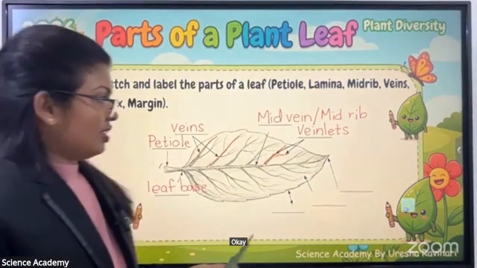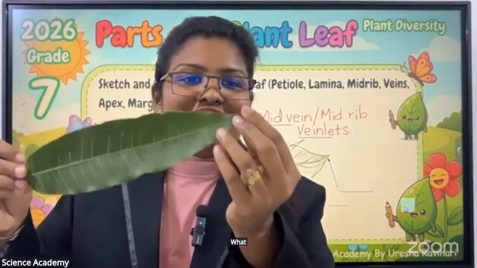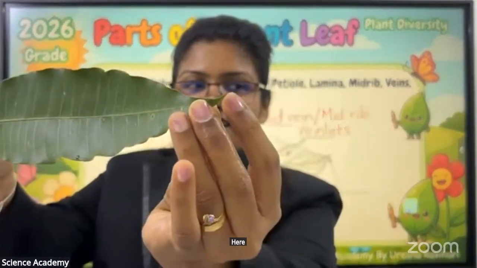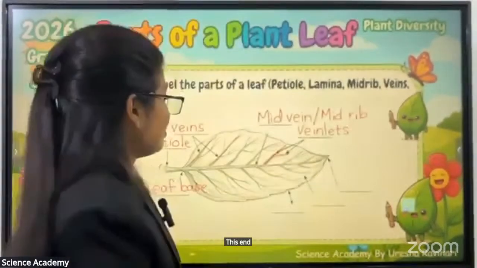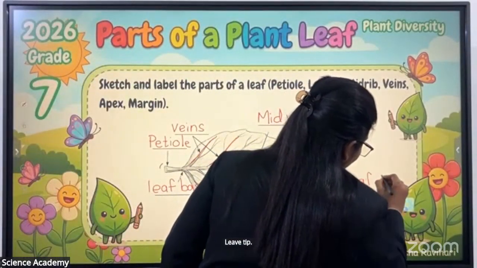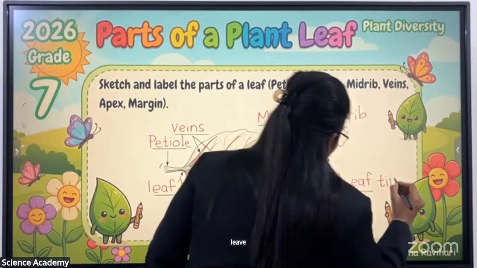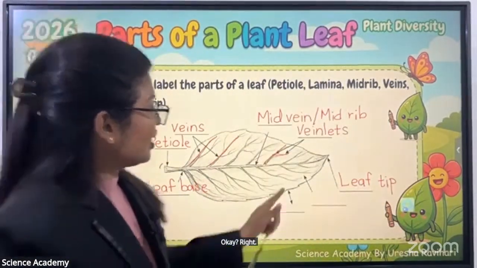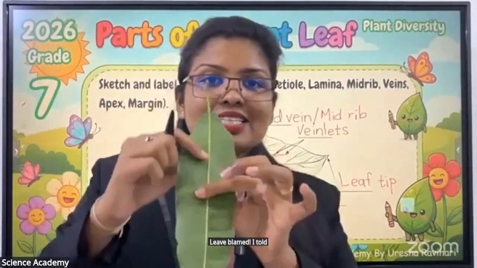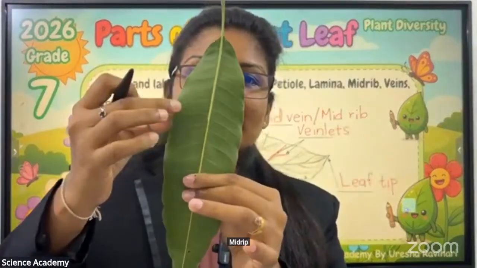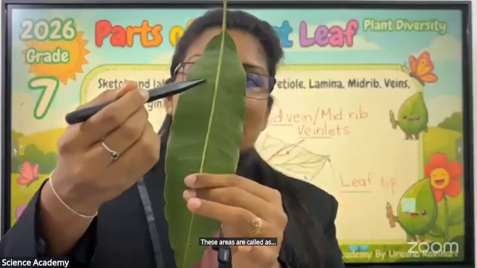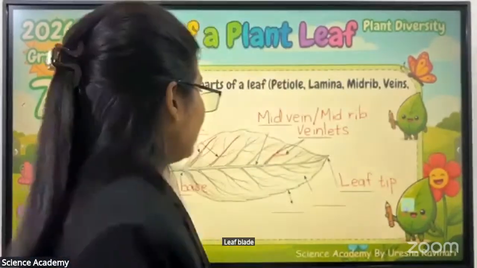What is this one? This edge, this end, is called the leaf tip. Leaf tip. So children, this is the leaf blade. I told you, except for the midrib, veins and veinlets, these areas are called the leaf blade.